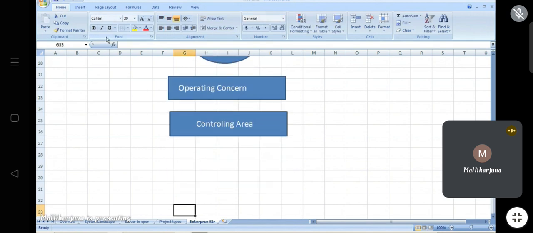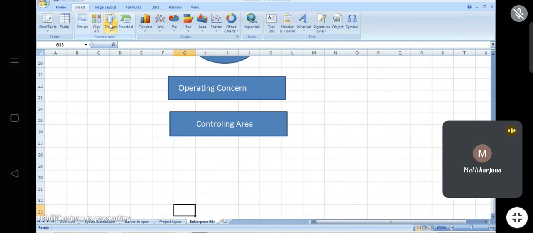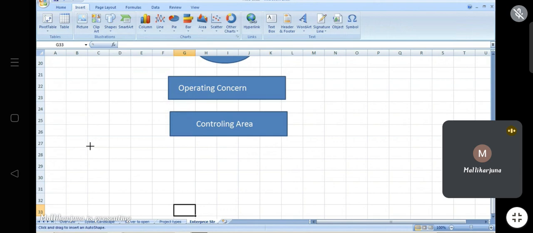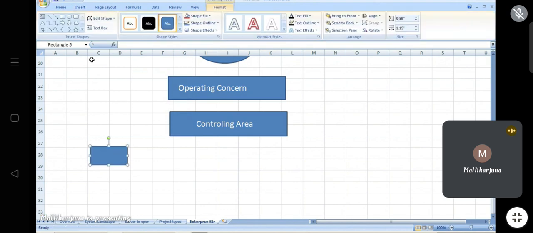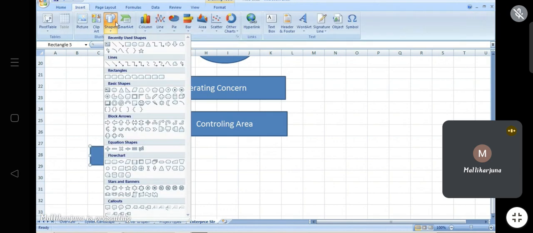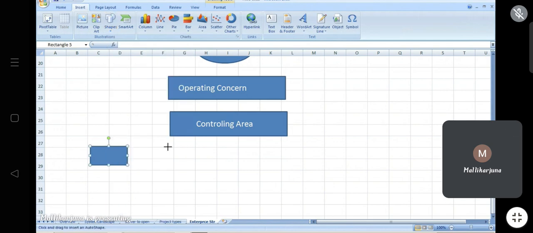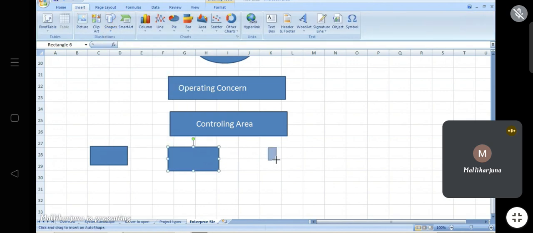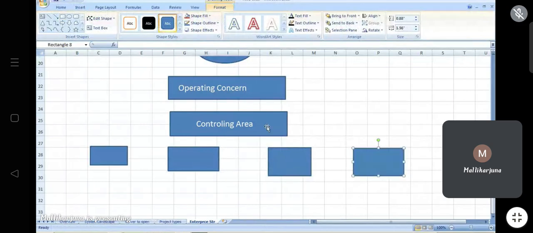So maybe one operating concern will have a number of controlling areas, and one controlling area will have a number of company codes. This is the structure of the FICO.